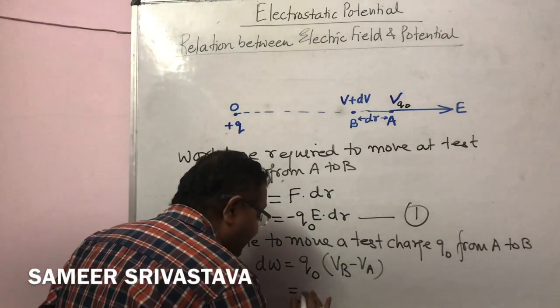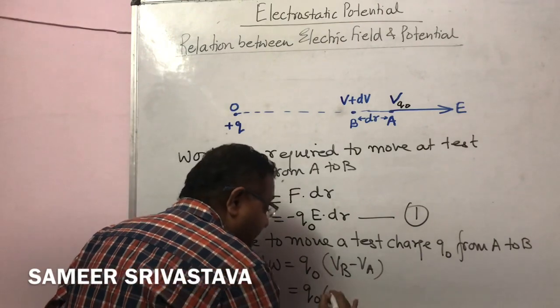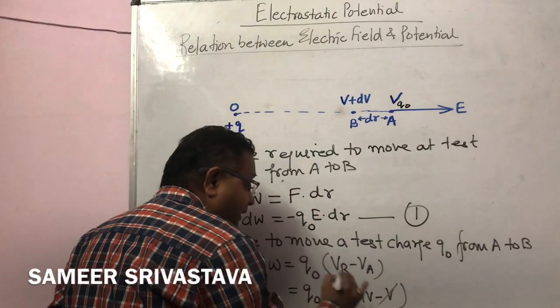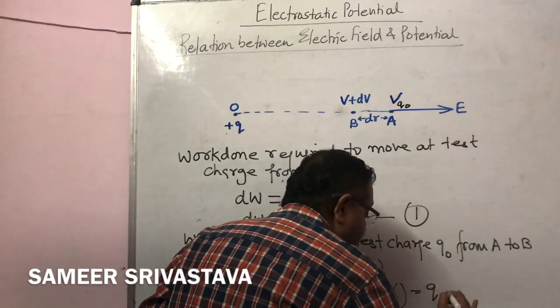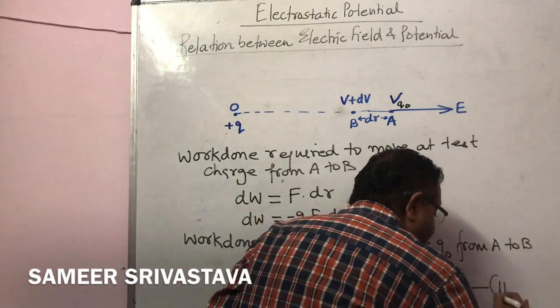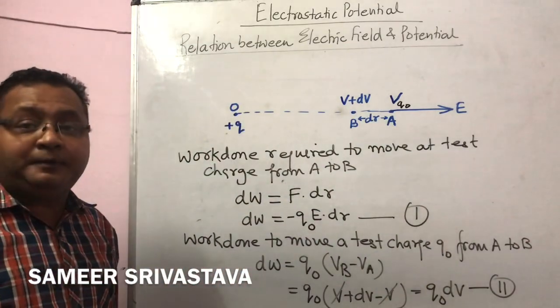Putting the values, VB is V plus dV minus V, V cancels out, and this is equal to Q naught dV. I am taking this as equation number 2.